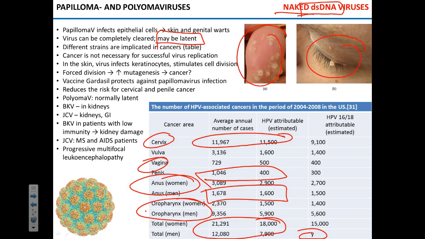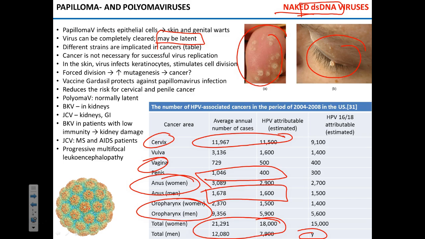We may even shed it from time to time in the urine. And unless we become immunocompromised, we will never see any clinical syndrome associated with BK virus. However, in people who receive immunosuppressive treatment, BK virus can cause very severe damage to the kidneys, causing glomerulonephritis. That can lead to kidney failure and the need for transplant.